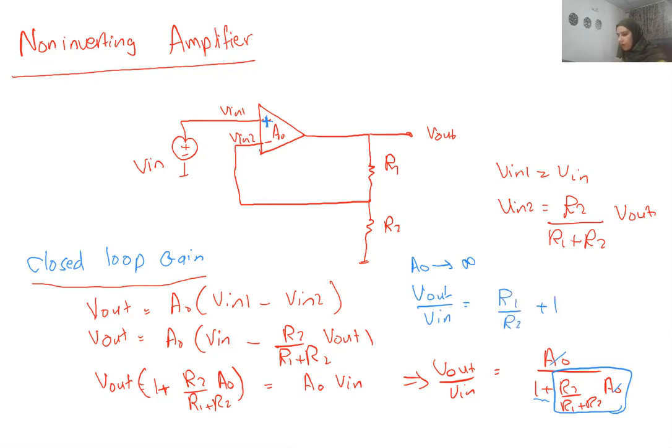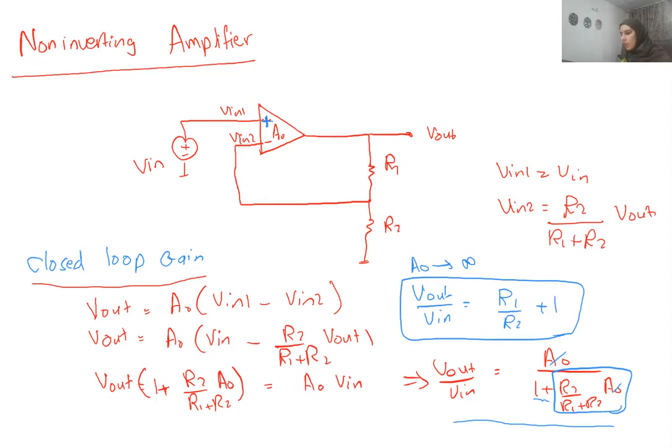You just flip it, and after simplifying, it becomes R1 over R2 plus 1. So this is the non-inverting amplifier gain, assuming an infinite open loop gain. Even so, the earlier relation is still correct, we are just looking for simplicity when we assume an ideal amplifier with an infinite open loop gain. So again, R1 over R2 plus 1.